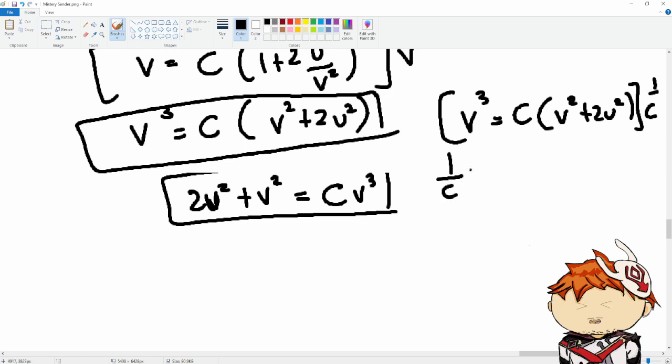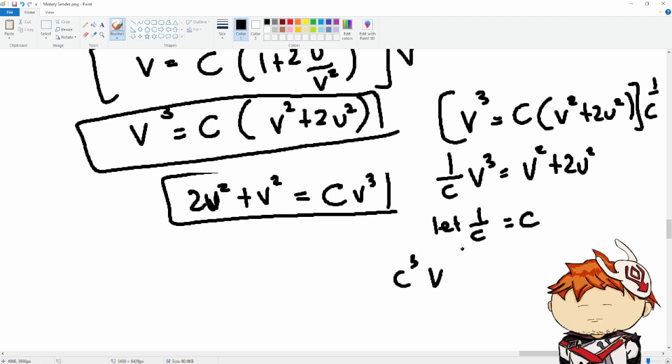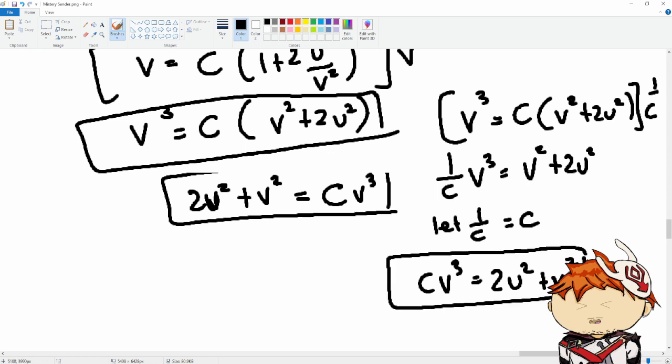Then 1 over c v cubed is equal to v squared plus 2u squared. Then let 1 over c be c. Then c v cubed is equal to 2u squared plus v squared. Okay, it's the same. We solved it by 2 methods and we have done it.